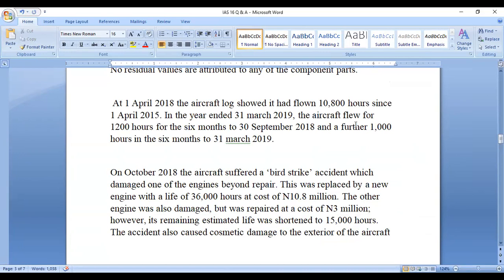There was one that was damaged beyond repair. On October 2018, the aircraft suffered a bird strike accident which damaged one of the engines beyond repair. This was replaced by a new engine with a life of 36 hours at the cost of this. So what was the cost of this asset that was damaged beyond repair?